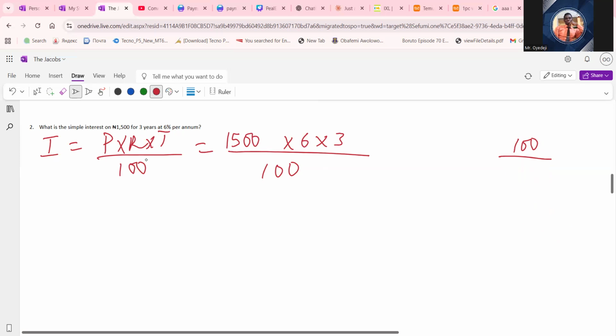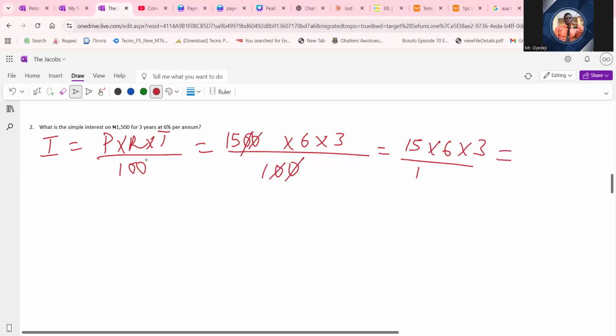So let's go back to what we were doing. We can say 0 cancels 0, 0 cancels 0. So we'd have 15 times 6 times 3 over 1, which is as good as it's not there.